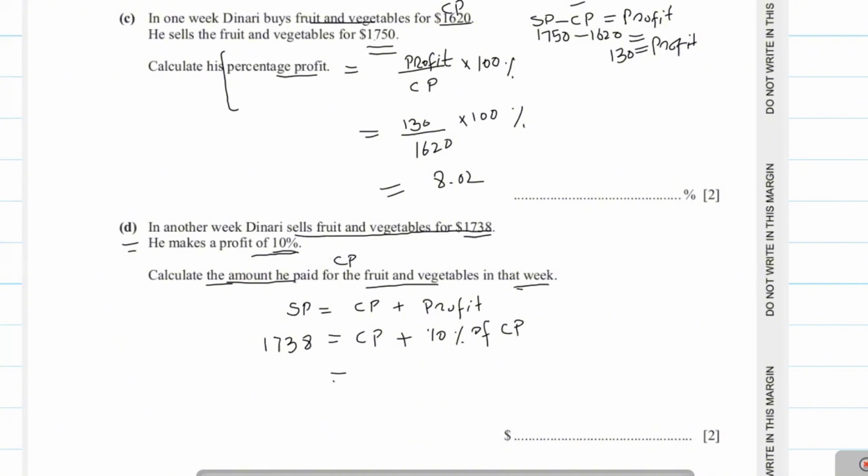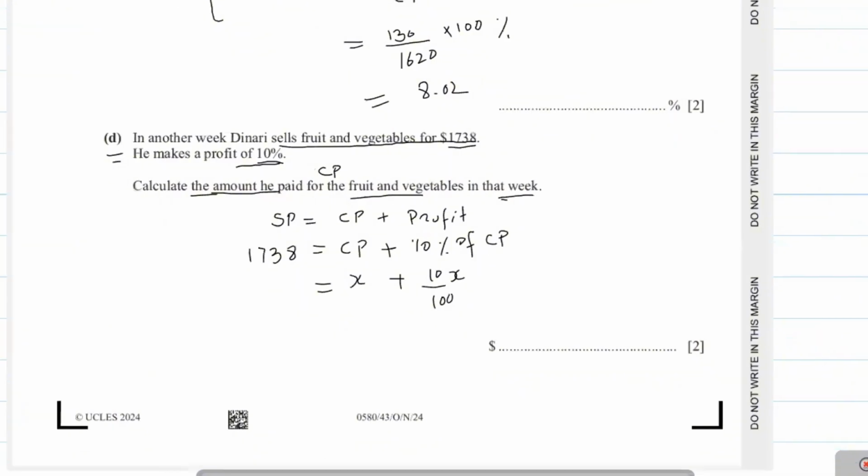We suppose that the cost price is x, therefore we write 1738 equal to x plus 10% meaning 10 over 100. Cost price is x, we write 10 over 100 into x, and this value equals 1x plus 0.1x. When we divide 10 over 100, we get 0.1, equal to 1738.